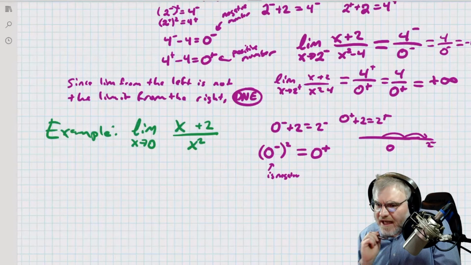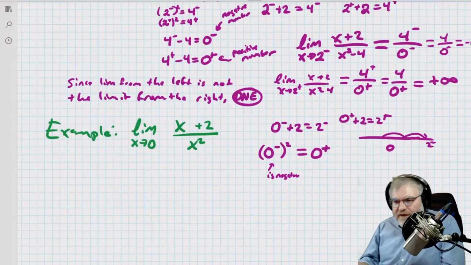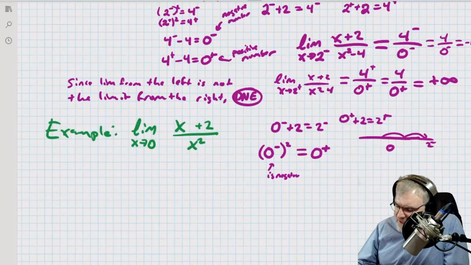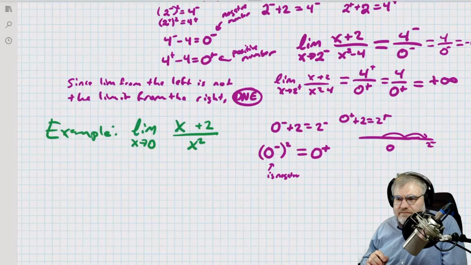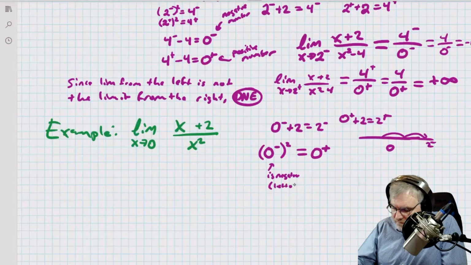I squared a negative number. How do we feel about that, 1 to 5? That 0 left squared is 0 right. I've squared a negative. And 0 right squared is also 0 right.